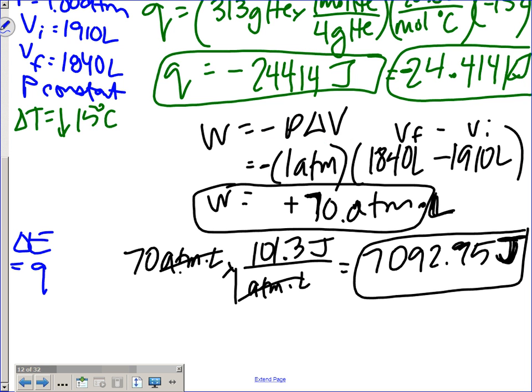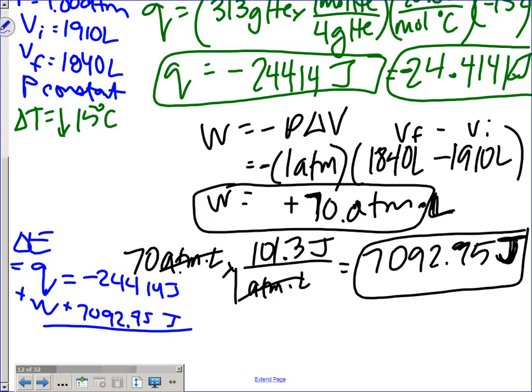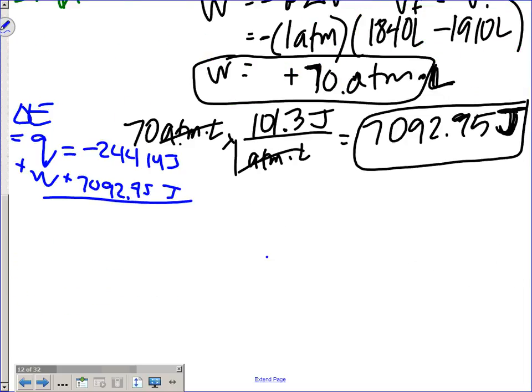So delta E is equal to Q plus W. Q was negative 24414 joules. Add that to 7,092.75 joules. What do you guys get? Did you put your negative on there?